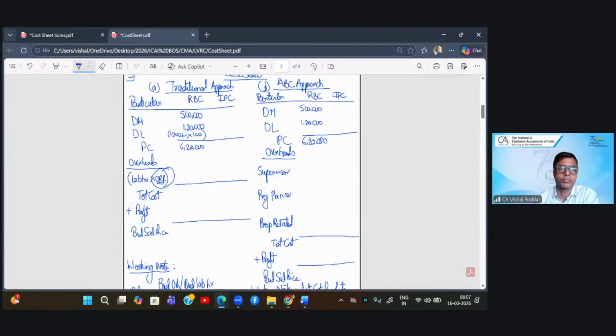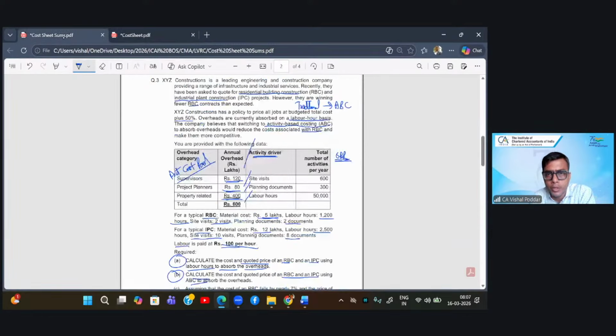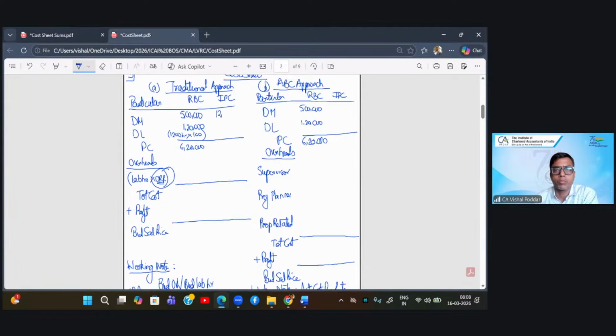Correct? Same thing. Here it is 12 lakhs and 2500 hours. Into wage rate of 100, it is 2 lakh 50,000.